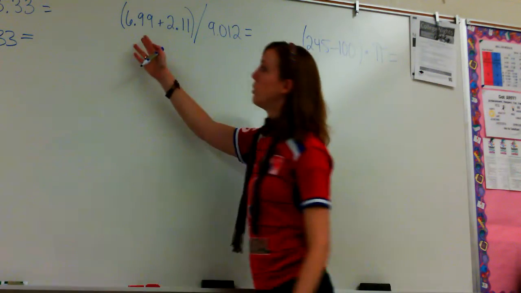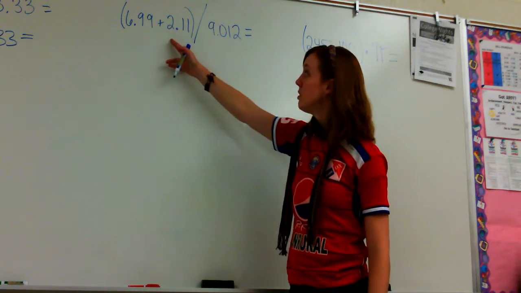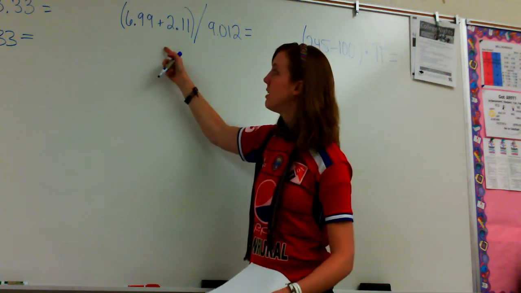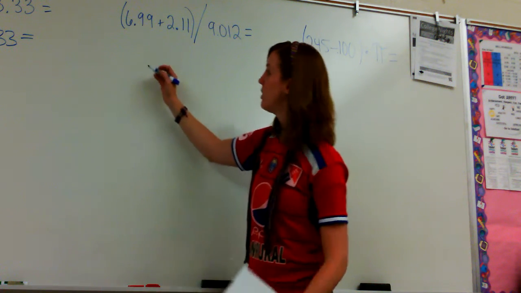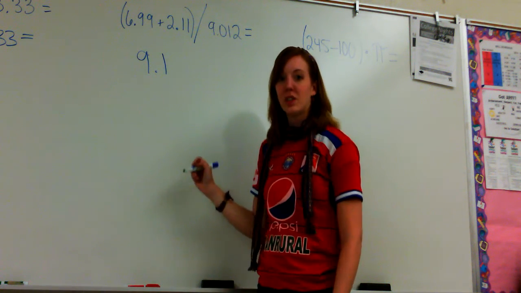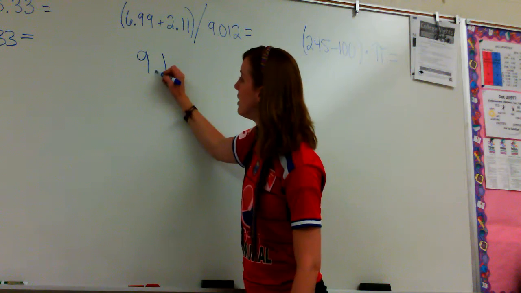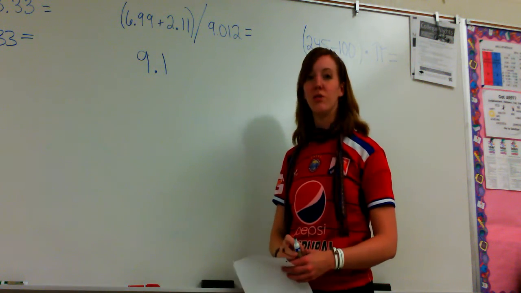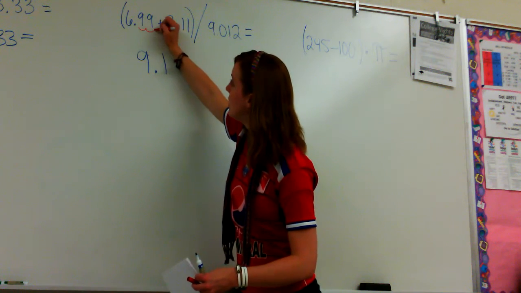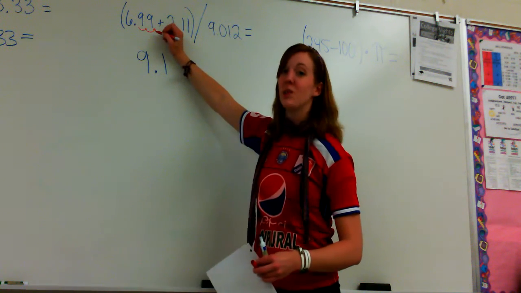So now I'm going to follow the rules of addition, then the rules of division. So when I add these together, my calculator will tell me 9.1. Let's say I did this in the calculator. Now, that's not good enough, because look, this problem goes out to the hundredths place.